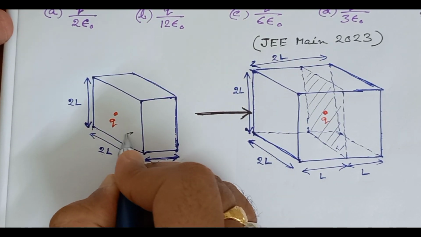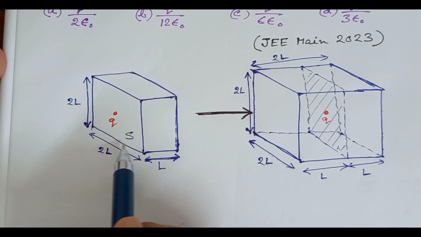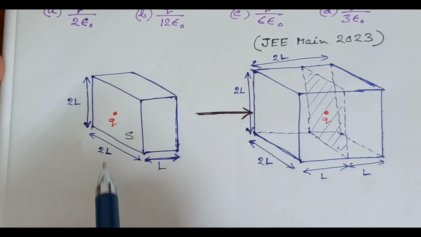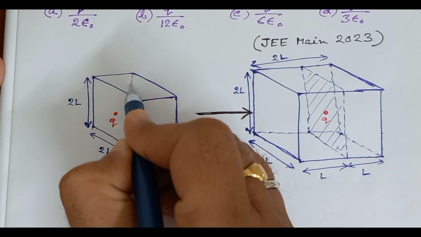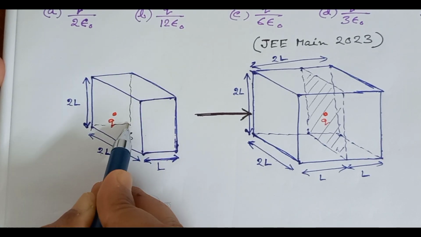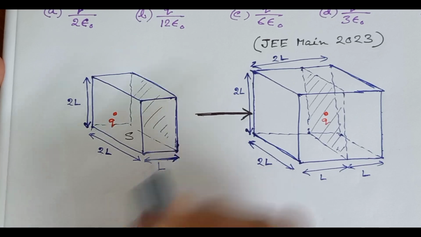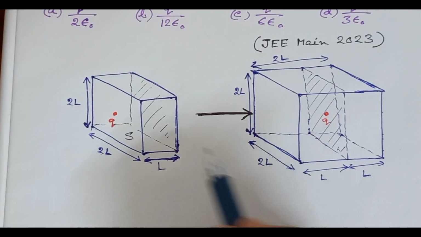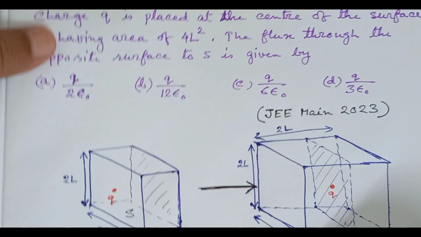This is say S. The surface area of this surface S is 12 by 12, that is 4L square. According to the given question, the flux through the opposite surface is any one of the four options.